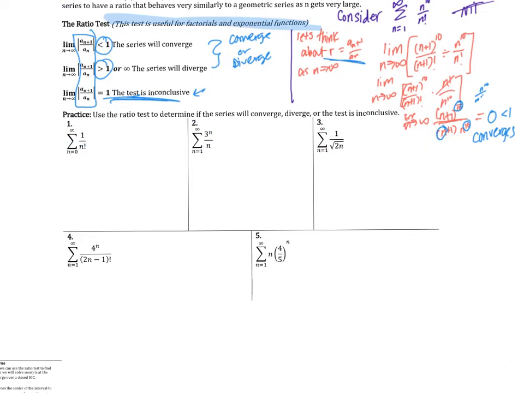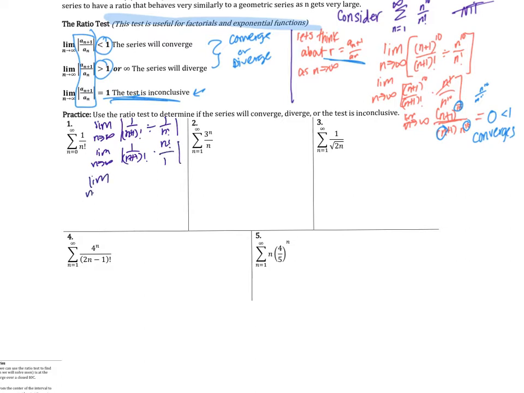So for number 1 here, I'm going to take the limit as n approaches infinity of, I'm going to plug in n plus 1 everywhere that there is an n. So 1 over n plus 1 factorial divided by 1 over n factorial. I'm going to flip that, the limit as n approaches infinity of 1 over n plus 1 factorial times n factorial over 1.